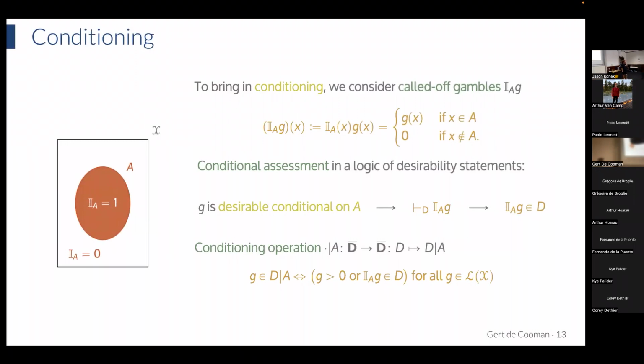You said you want to include the gambles that are zero on A in order for the set of desirable gambles conditional on A to be coherent. To be what? Sorry, to be coherent. Yeah. It must be in there, right? So I want to end up with a coherent model, so I'm just going to put them in there.